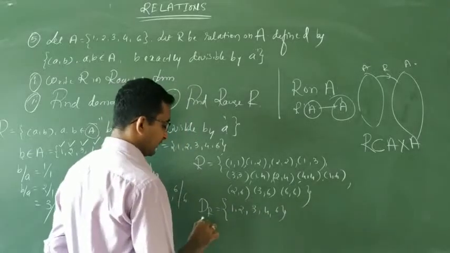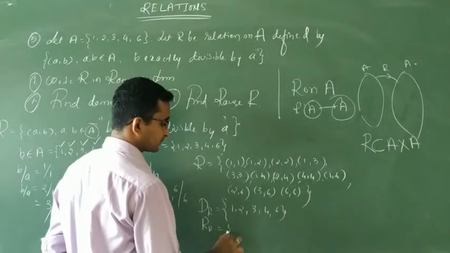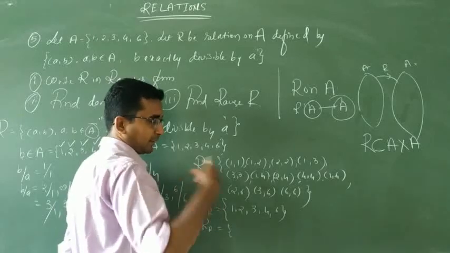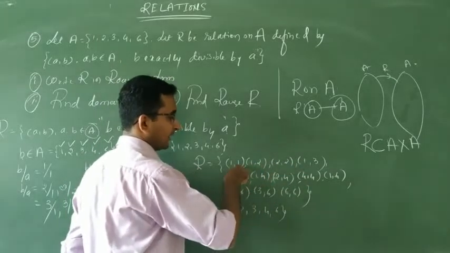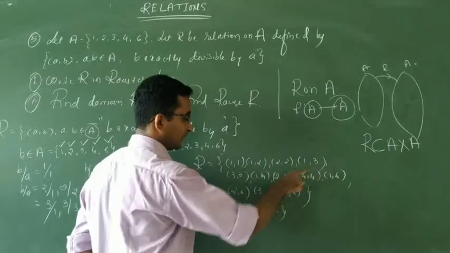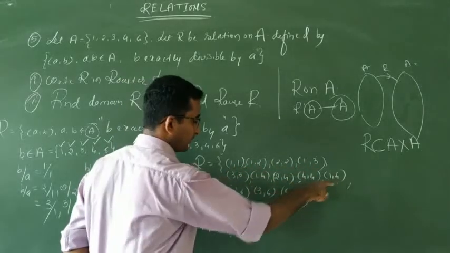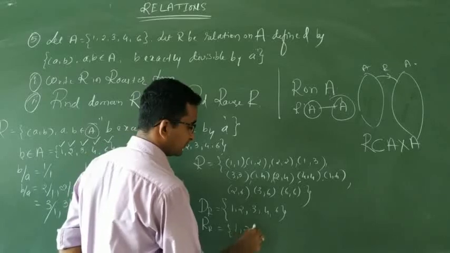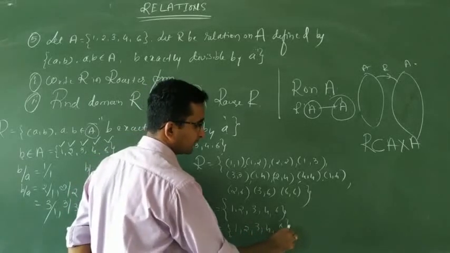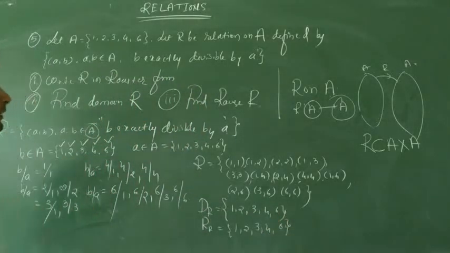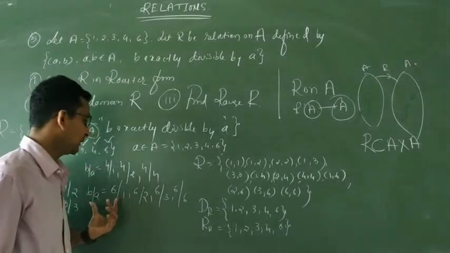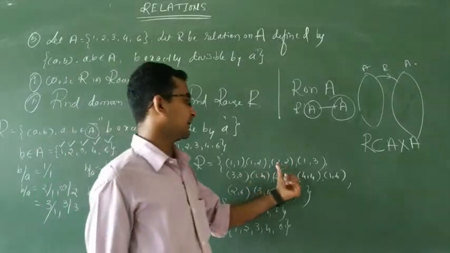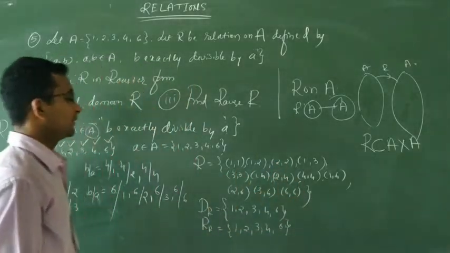This is the domain of R. The range of R is the second elements of the ordered pairs of R, which are 1, 2, 3, 4, 6. So this is the range of R. This is the roster form, where we list the elements, separated by commas, and write them within a flower bracket.